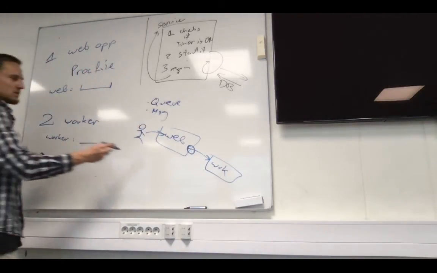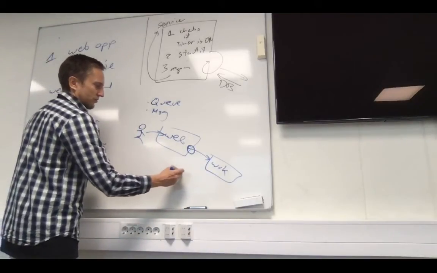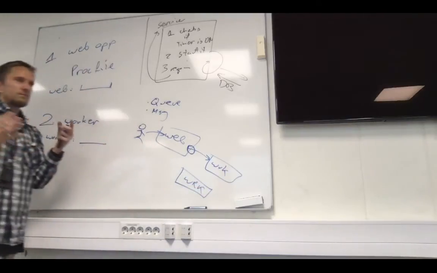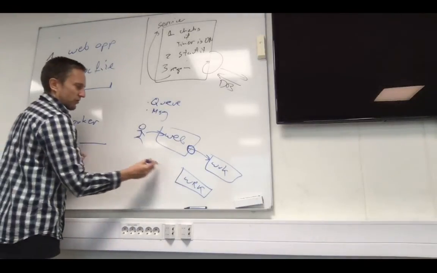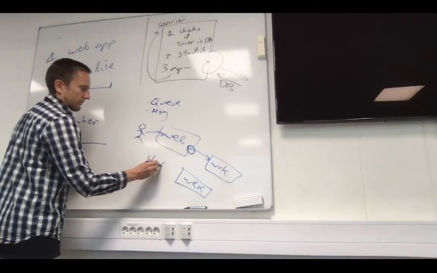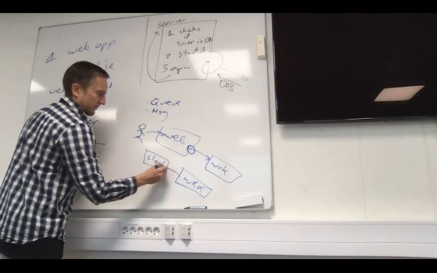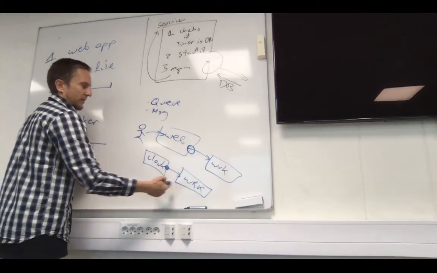But sometimes you want the work to be started without the user. Sometimes you want the work to be started by time or by day, season or whatever, periodically, right? So you want the work to be started by some sort of a clock. So a clock triggers some sort of message or queue, and then the work happens, right?